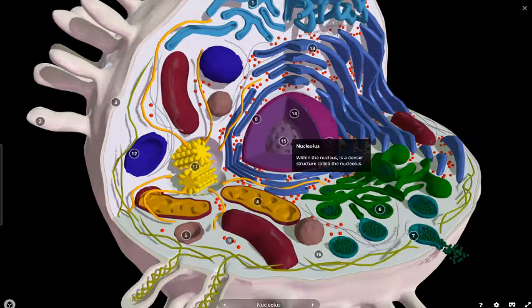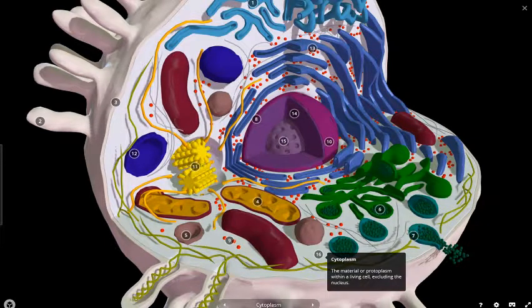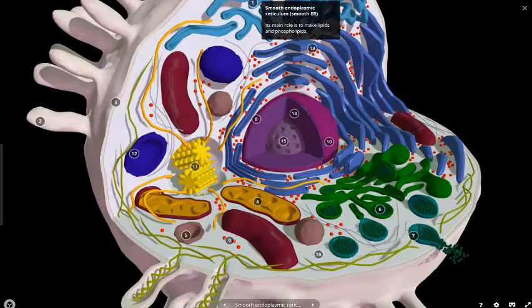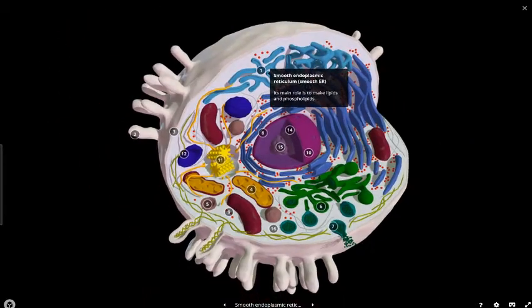And of course you have the nucleolus at the center, which is a denser structure within the nucleus. And just like in the plant cell, the animal cell has a cytoplasm, which is this liquid which allows chemical reactions to occur because it acts essentially as a solvent. And we are back to the smooth endoplasmic reticulum.